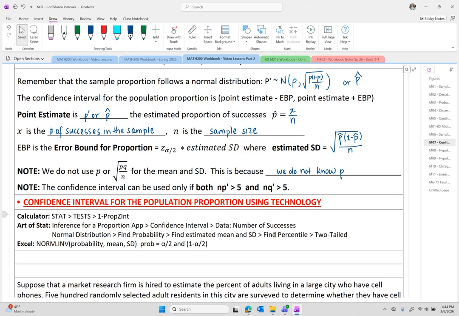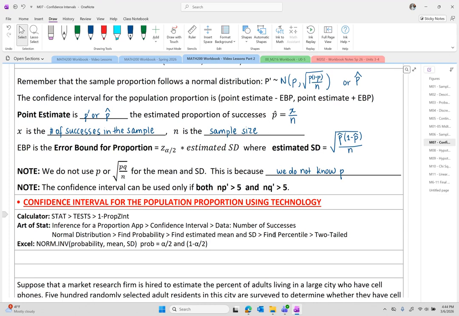The confidence interval for the population proportion is the point estimate minus the margin of error, called the error bound for the proportion, or EBP, comma, to the point estimate plus the margin of error. The point estimate is your sample proportion.